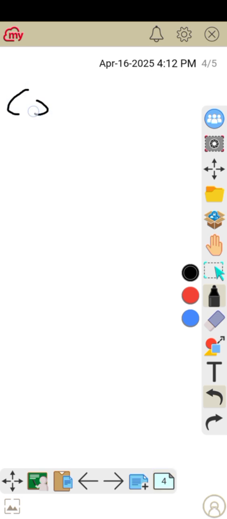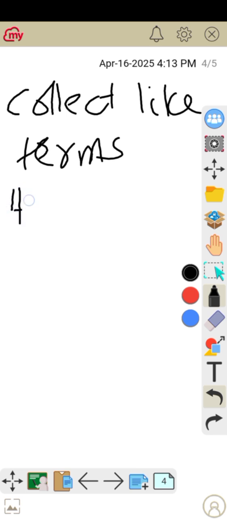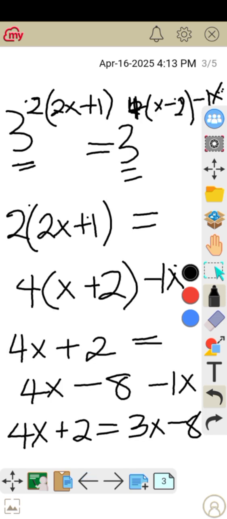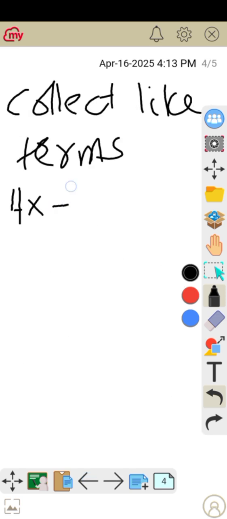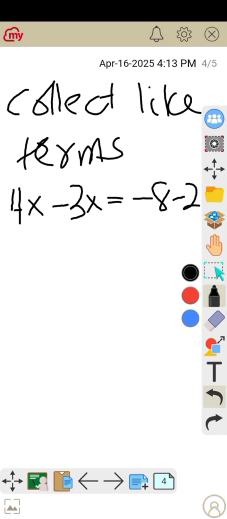So we collect like terms. Collection of like terms will mean we'll be having 4x here. We move this 3x to the other side, it becomes minus 3x, we have minus 8 left here, and then plus 2 crosses over to that side, becomes minus 2.